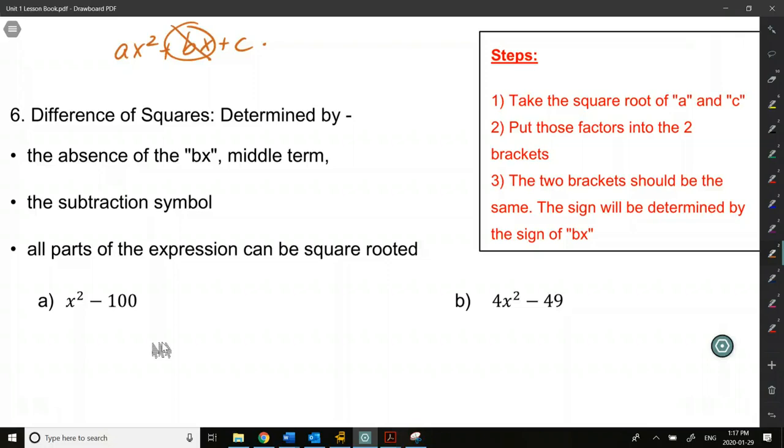The second thing is it needs to be a difference. Difference means subtraction. You need to see a subtraction sign between your two terms. And then the last part is that each term needs to be able to be square rooted and give you out a whole number. Okay, we call these perfect squares.